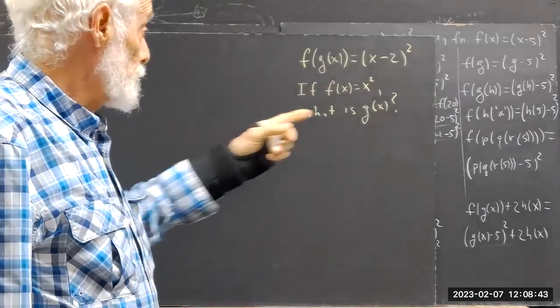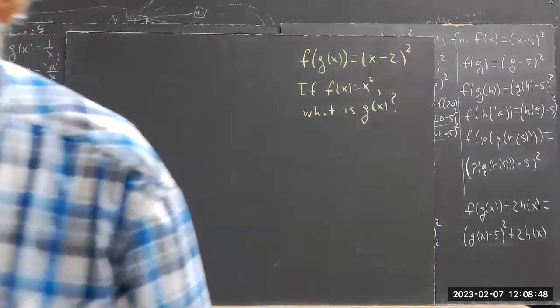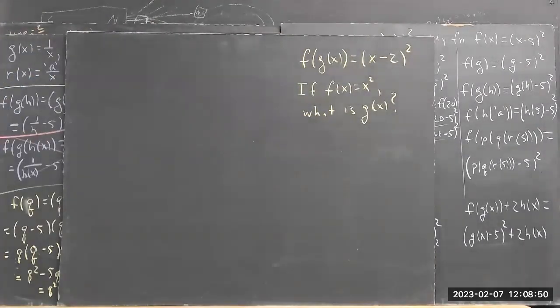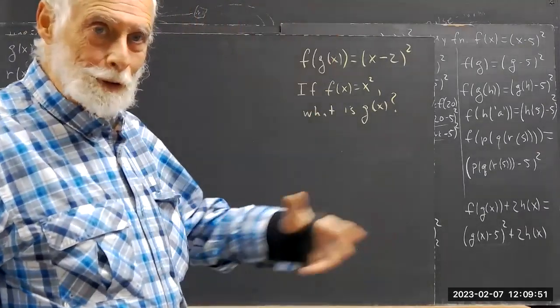If f of x equals x squared, then what's g of x? This is new. I'm trying to think of it.